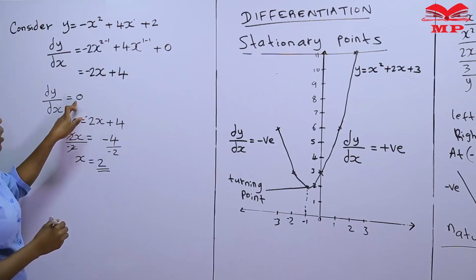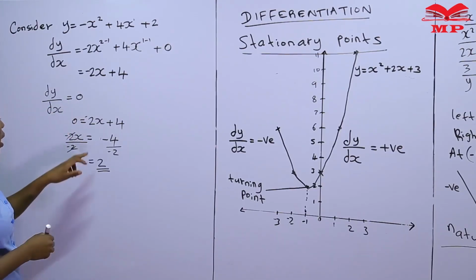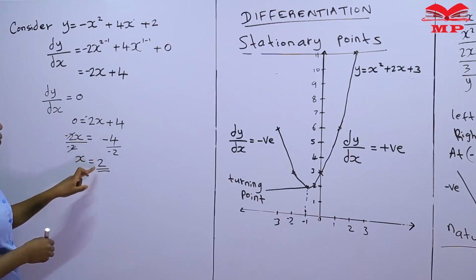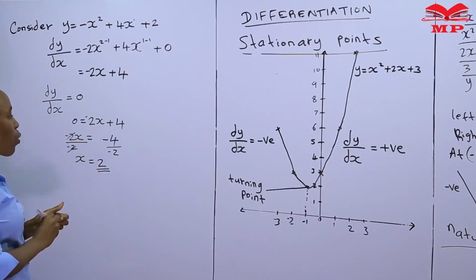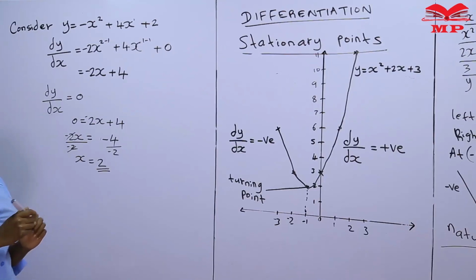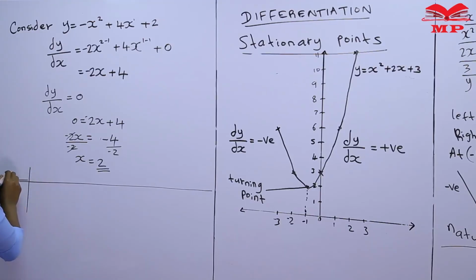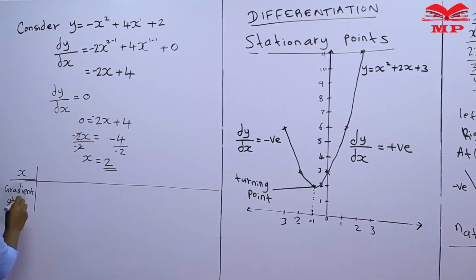So where the gradient is 0, that is at the turning point, at that stationary point, the value of x is 2. Then we want to determine whether we are going to have a minimum or what the nature of the stationary point is. Again, we consider points of x and get the gradient at x.